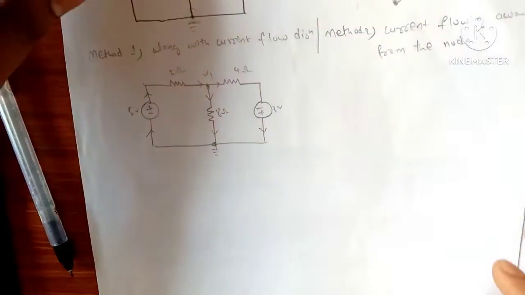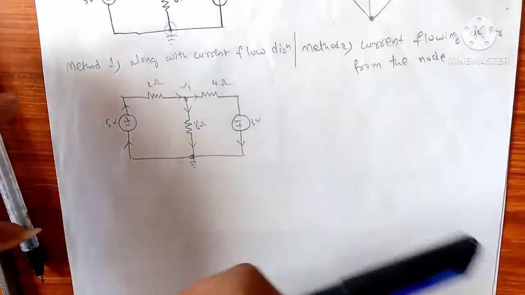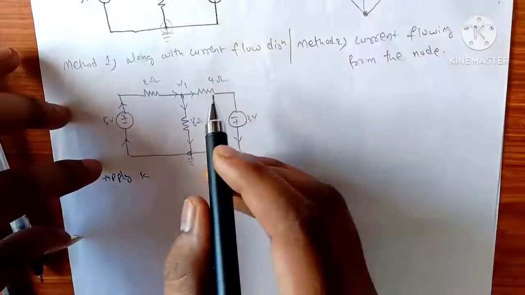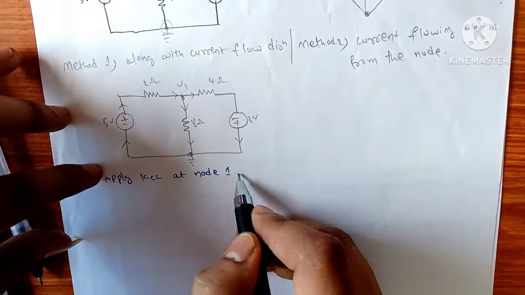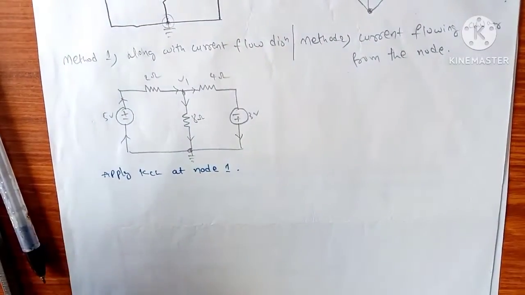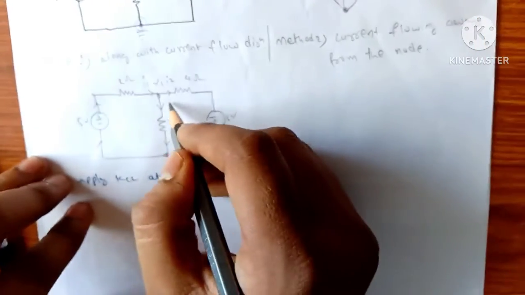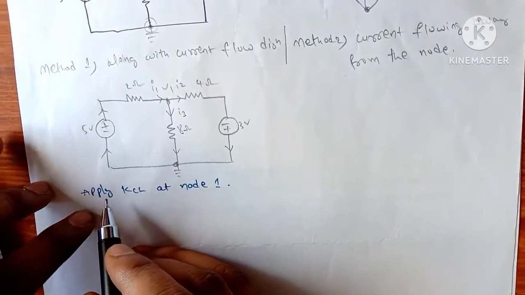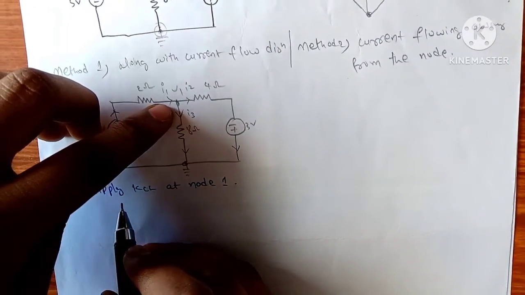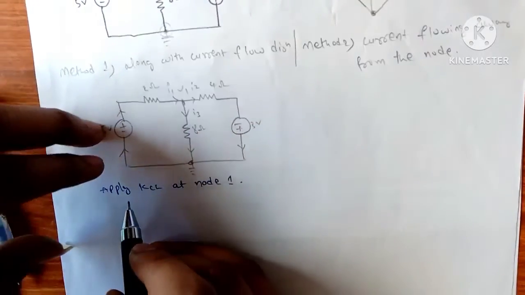So if we apply KCL at node 1, there are these currents named I1, I2, I3. What is KCL? KCL is the sum of current entering the junction equals the sum of current leaving the junction.